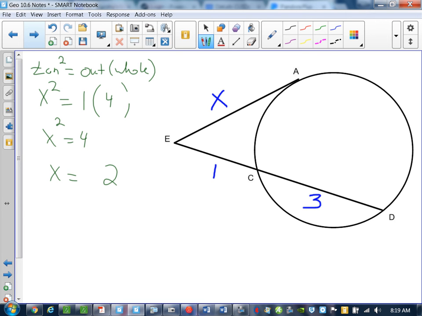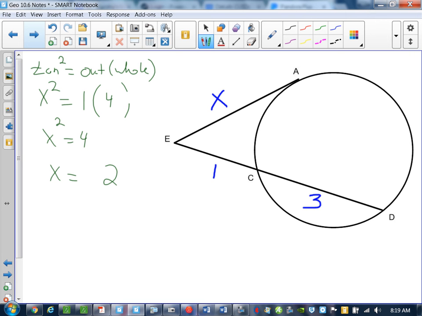So my answer is just going to be positive 2. Can you have a segment length of -2? No. I would suggest that you don't forget that. Sometimes the negative answer works.